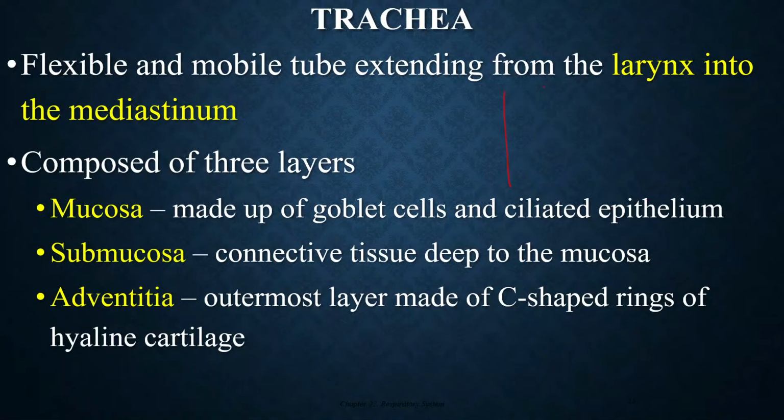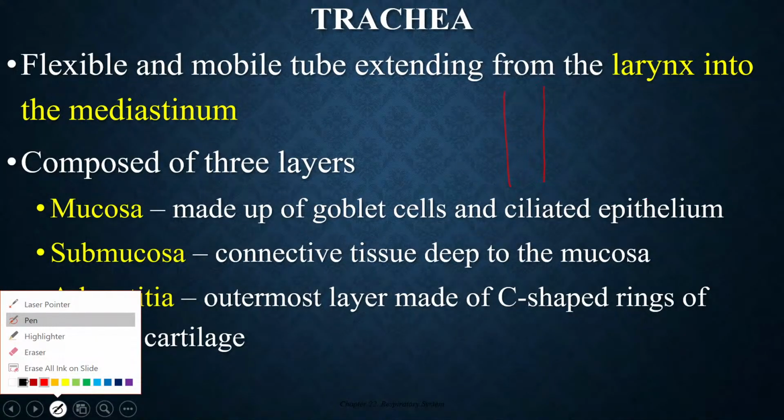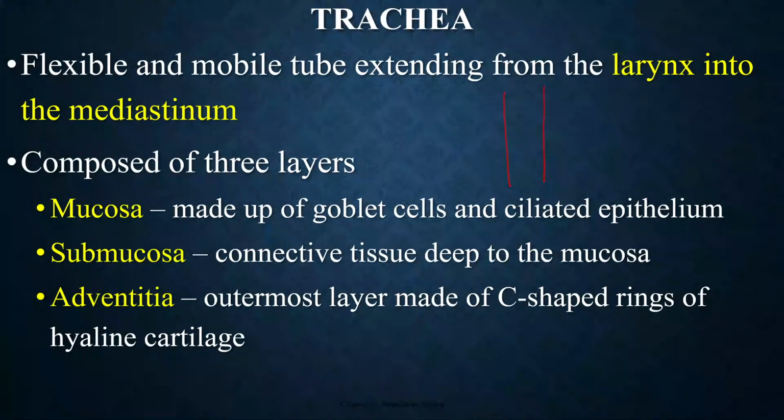So let's say this pipe here is the trachea. And so the first layer, the layer that I'll draw in black, I believe black will be visible. The very first layer, the shaded black, let's say that is the mucus.